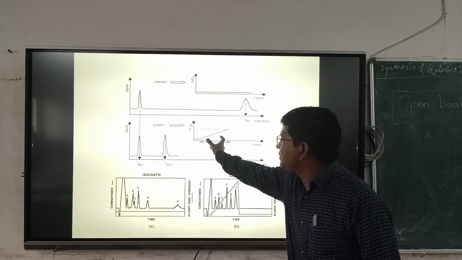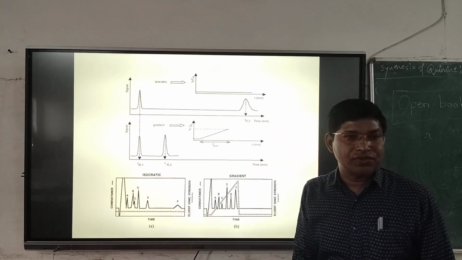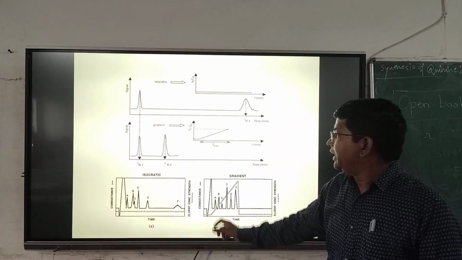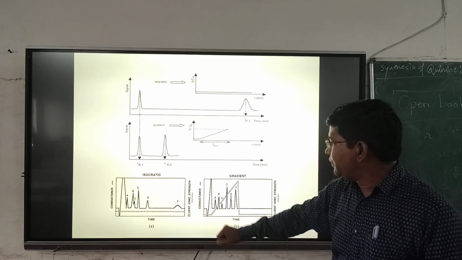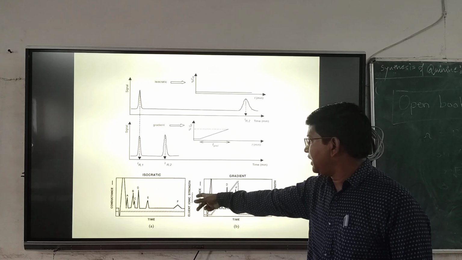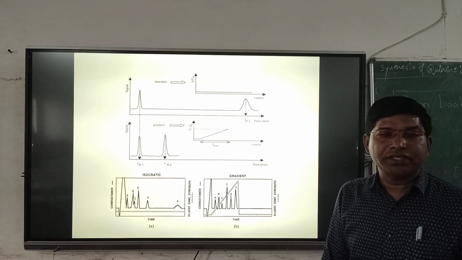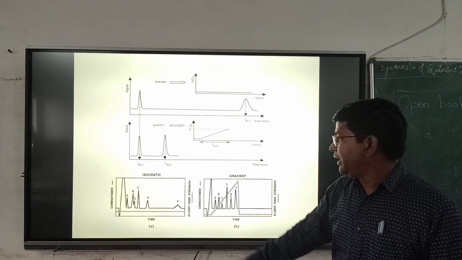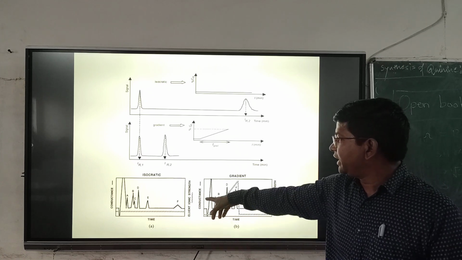In isocratic elution, the retention time for a particular compound separated from the column is more, and the two compounds get separated near to each other. Suppose there is an A to F compound mixture present in the sample, and we inject it into the column and run an isocratic system.